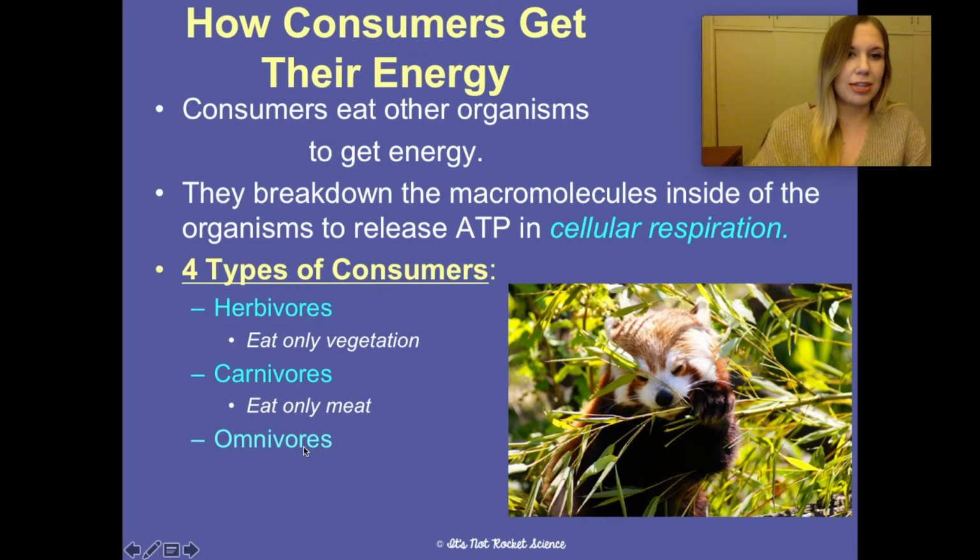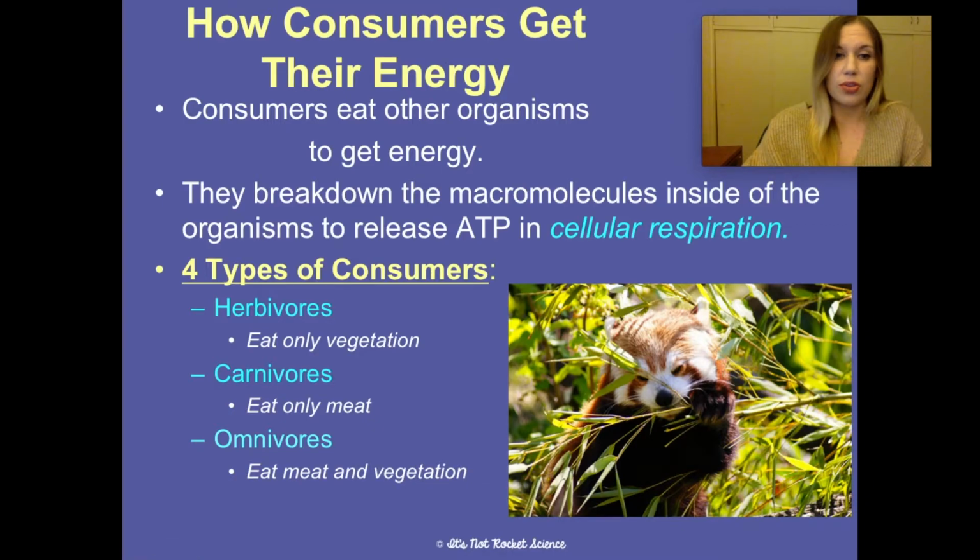All right, so the third type of consumer is something called an omnivore. These organisms eat both meat and vegetation, and plants. They eat meat and plants. And the prefix omni refers to all, so all types of food sources, I guess you could say.